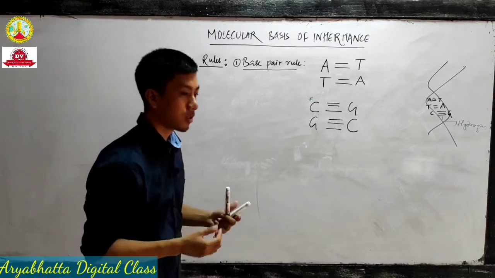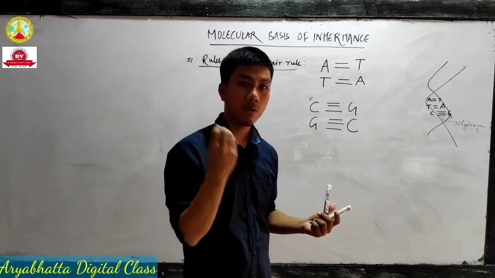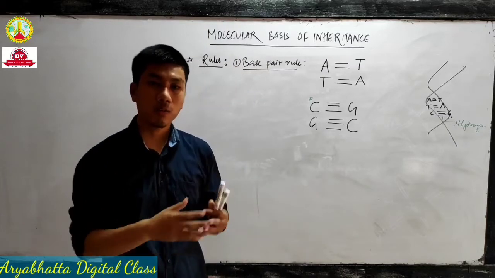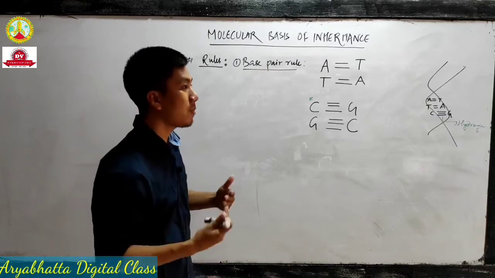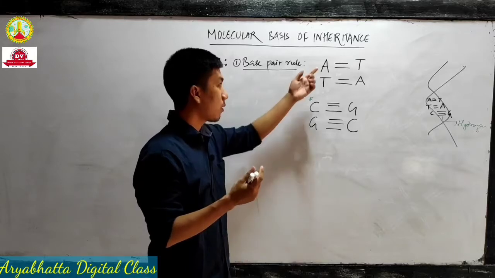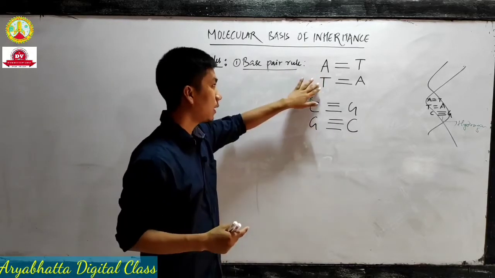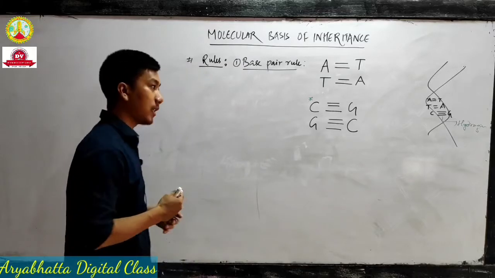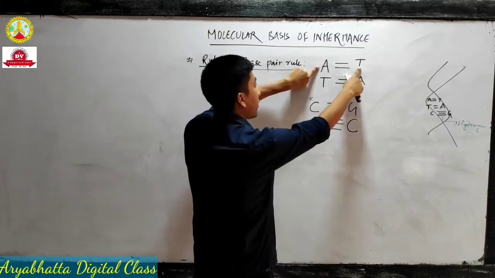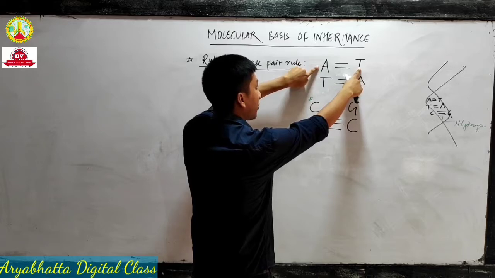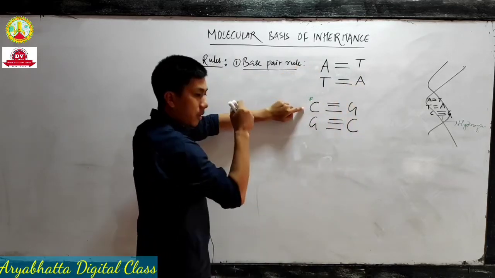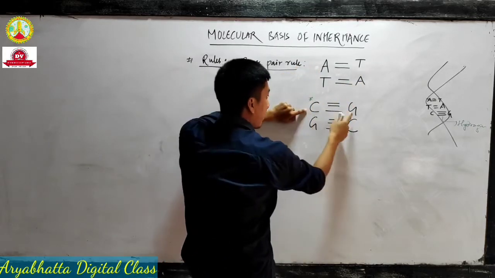In the double helical structure of Watson and Crick, we have said that purines always pair with pyrimidines. That was said in simple words, but actually purine, that is adenine, always pairs with thymine, and thymine always pairs with adenine. So purine pairs with pyrimidine. And cytosine always pairs with guanine.